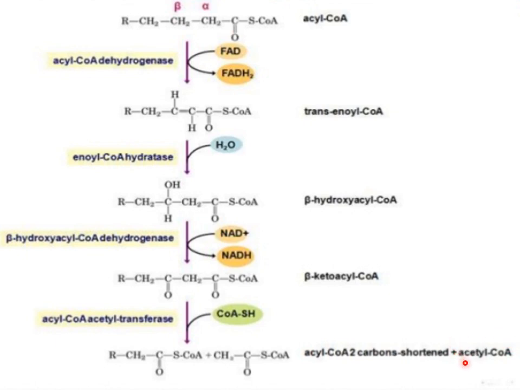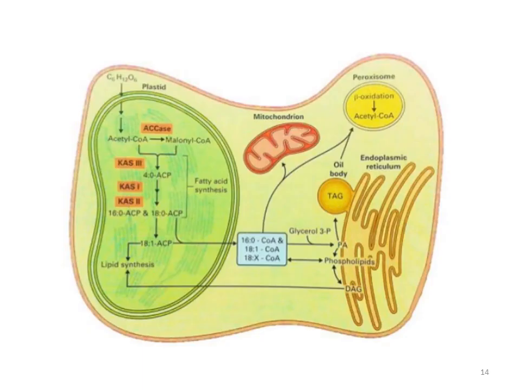The final round of the beta oxidation occurs in the mitochondrial matrix, and also in the mitochondrial matrix the processes of respiration, especially the Krebs cycle and electron transport chain, operate.